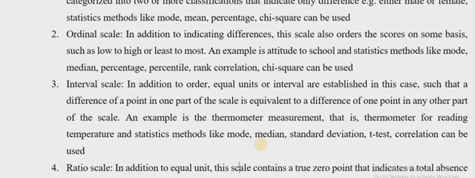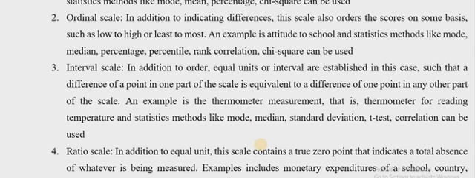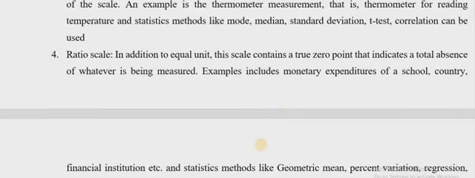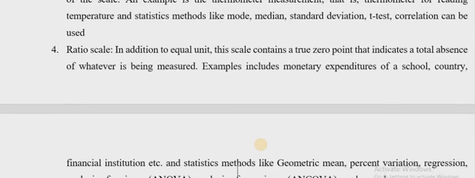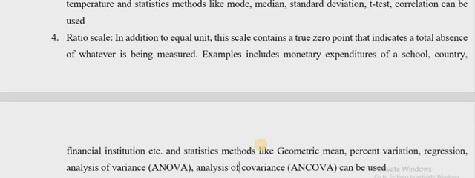The ratio score. In addition to equal units, this scale contains a true 0 point that indicates a total absence of whatever is being measured. Examples include monetary expenditure of a school, of a country, of a financial institution. Alright. And the statistical methods we can use are like geometric mean, percent variation, regression analysis, analysis of variance, analysis of covariance.